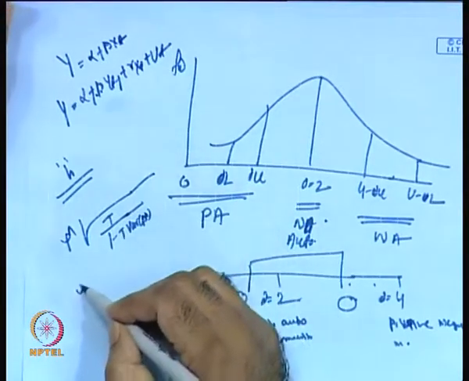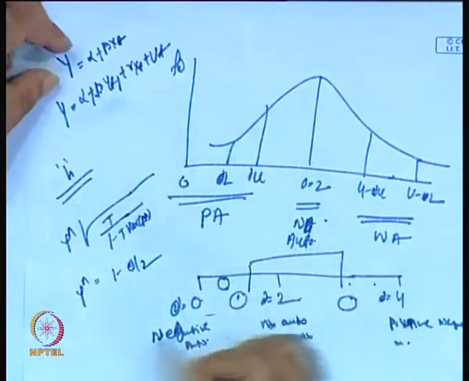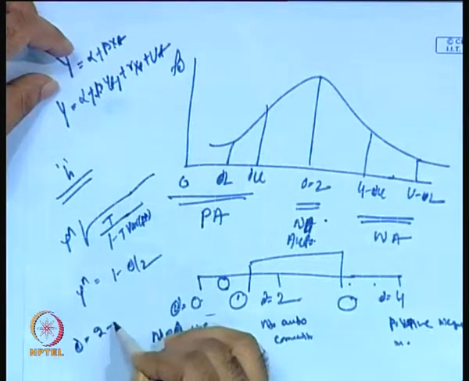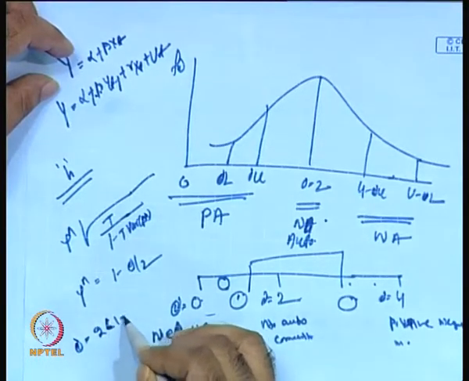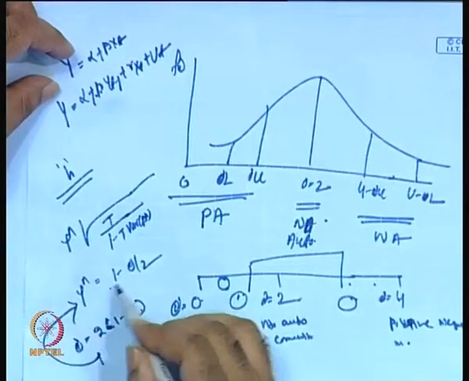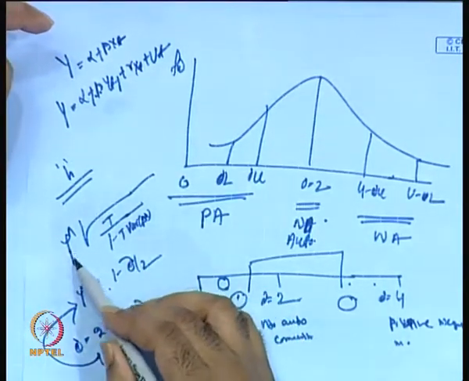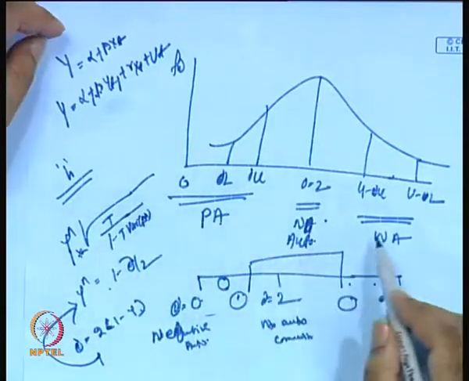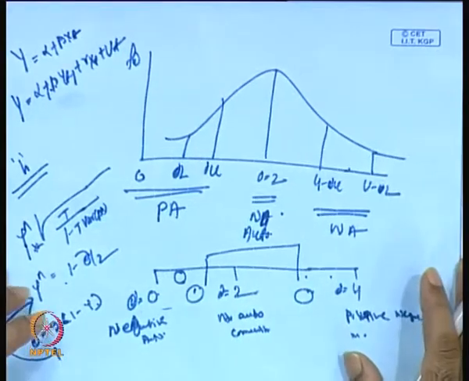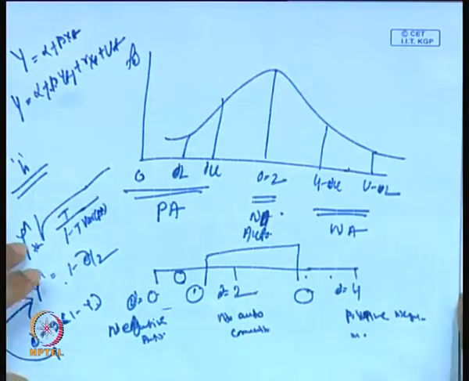So rho hat equals 1 minus d by 2, which we derived here, because we derived d equal to 2 minus 2 into rho, that is 2 into 1 minus rho. Simplifying, rho equals 1 minus d by 2. Then rho is multiplied by T minus 1 by T, where T is the number of sample observations, and the variance of beta hat is calculated like this. If you calculate it, you will get the Durbin h statistic.